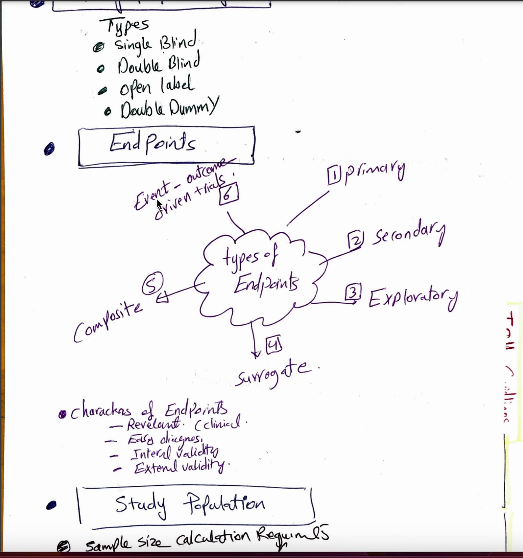Once it happens, I don't set a time limit for that. I'm just waiting for it to happen and then finishing the clinical trial. So there is no time for that, and that's exactly why we call it an event driven outcome trial. So when I asked what the types of the endpoints are, they can be subdivided into primary, secondary, exploratory, event driven, surrogate, and composite. So we have different types of the endpoints.